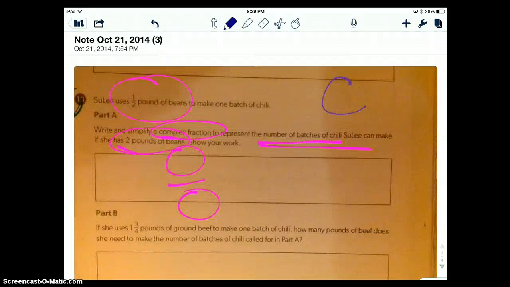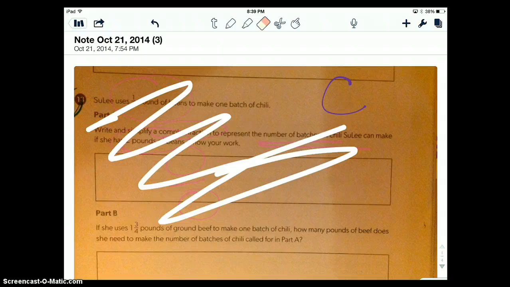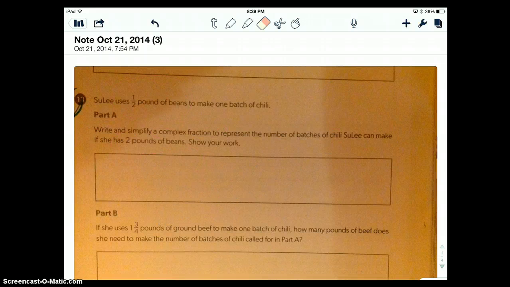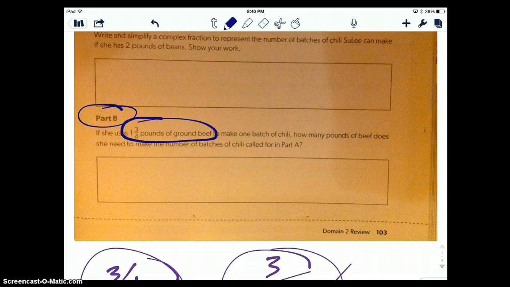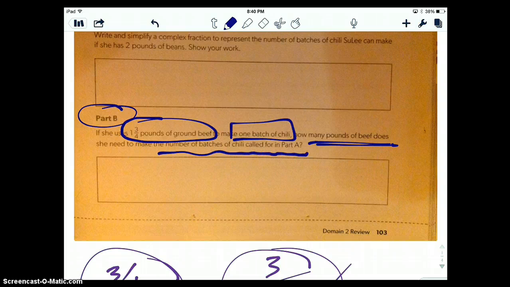All right, now, next up, you guys are going to take a minute. I'm going to time it. And I want you to try problem B. I'm going to read it out, and then you have 1 minute. Part B. If she uses 1 3/4 pounds of ground beef to make 1 batch of chili, how many pounds of beef does she need to make the number of batches of chili called for in part A?